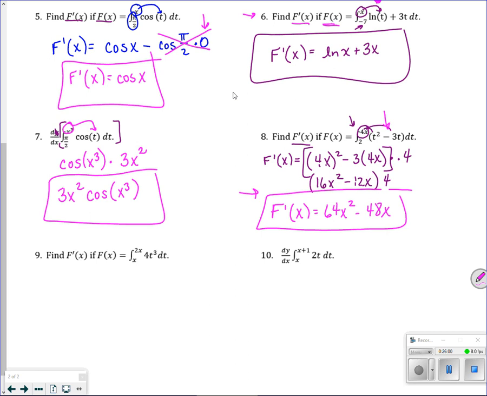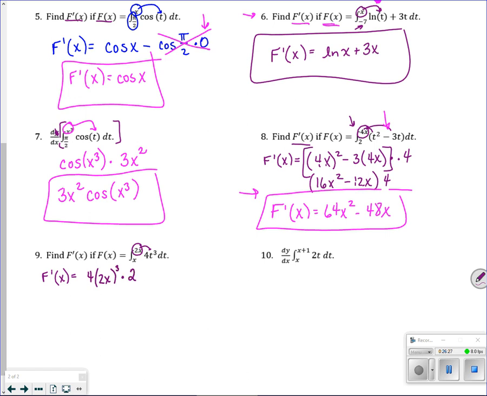No big deal. Our bounds are not just x's, or not just constants. So let's see what I would have. I'm going to use my process. Are you ready? I'm going to replace, so 4 times 2x to the third times what?